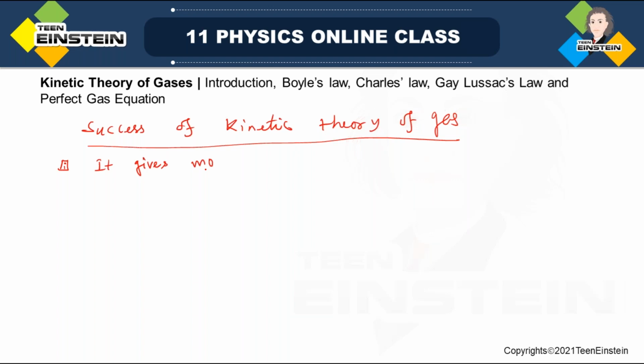That means it will give us better understanding about various physical phenomena and make the concept clear. In this case also, kinetic theory of gas can explain pressure and temperature from the molecular origin. So it gives molecular interpretation of pressure and temperature of a gas.